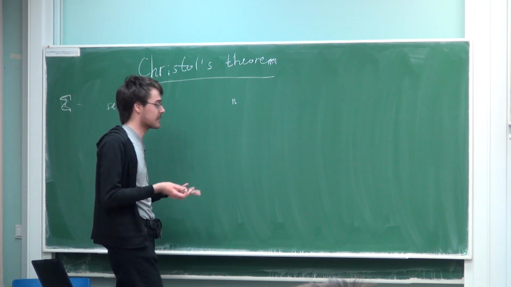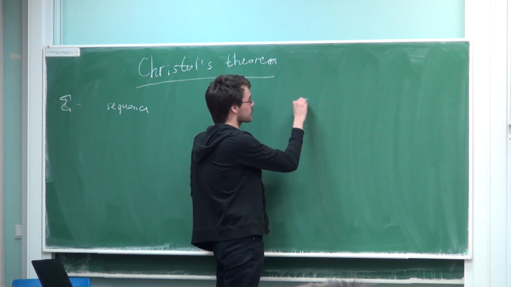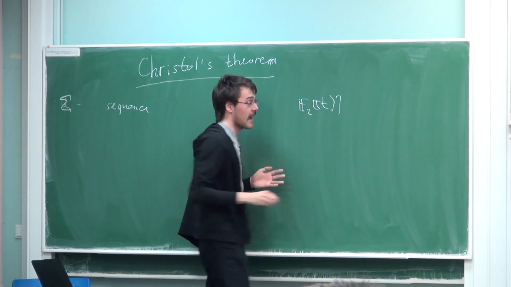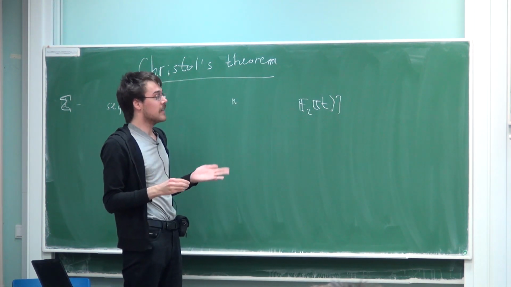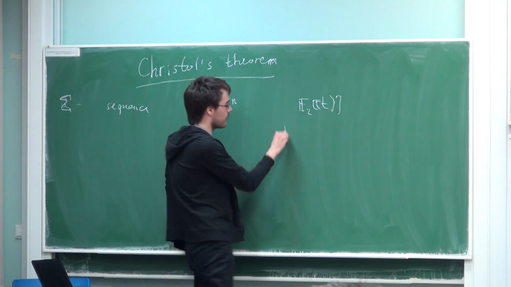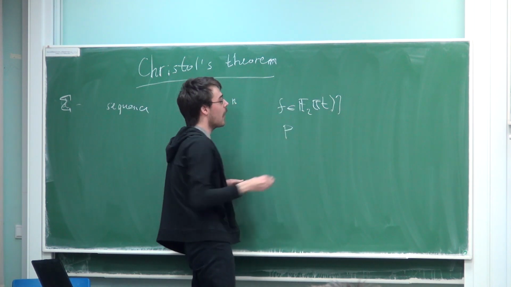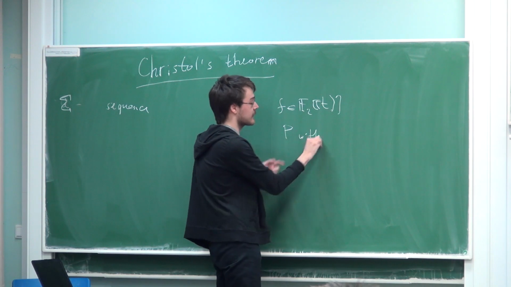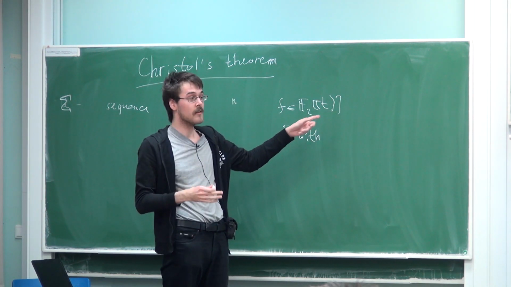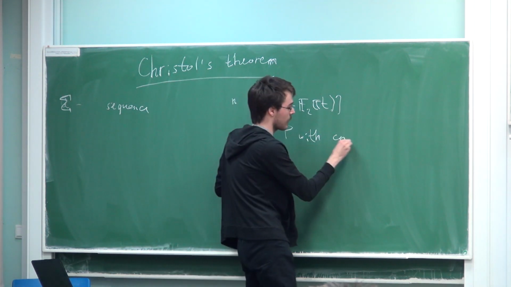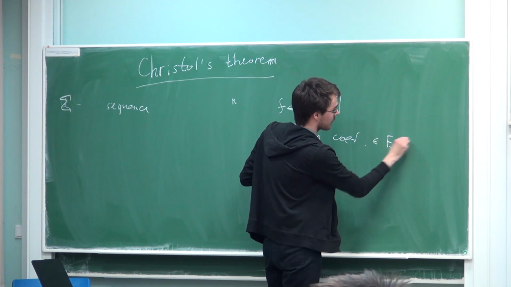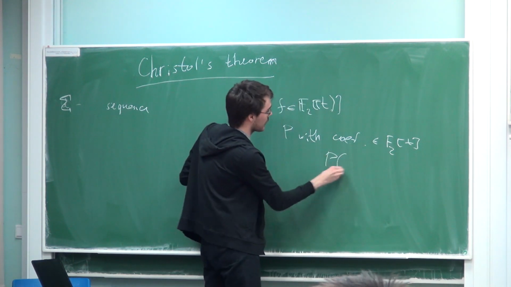Then this so-called algebraic formal power series is just some kind of algebraic object. We have a formal power series f of variable t, and it's called algebraic if there is some polynomial P, with coefficients which are themselves polynomials of t, such that P of f is equal to 0.